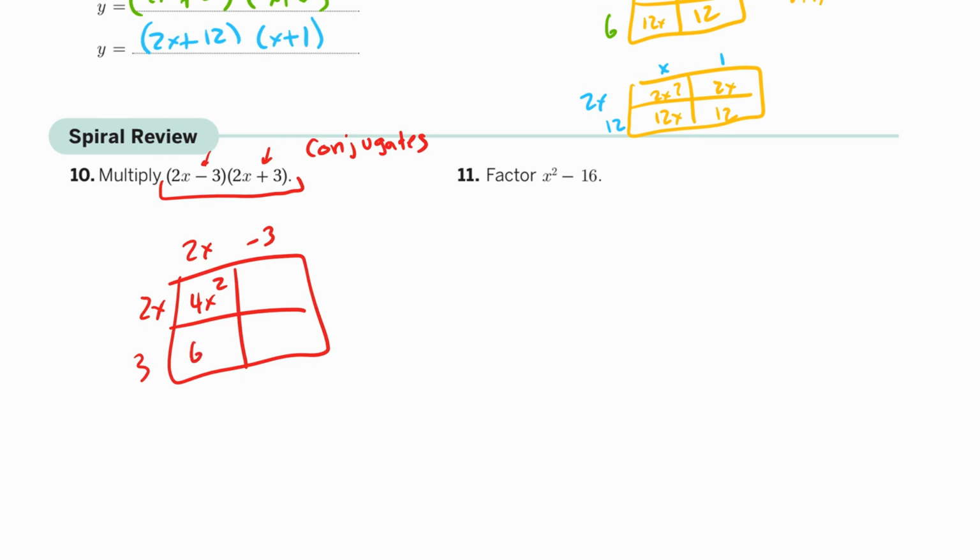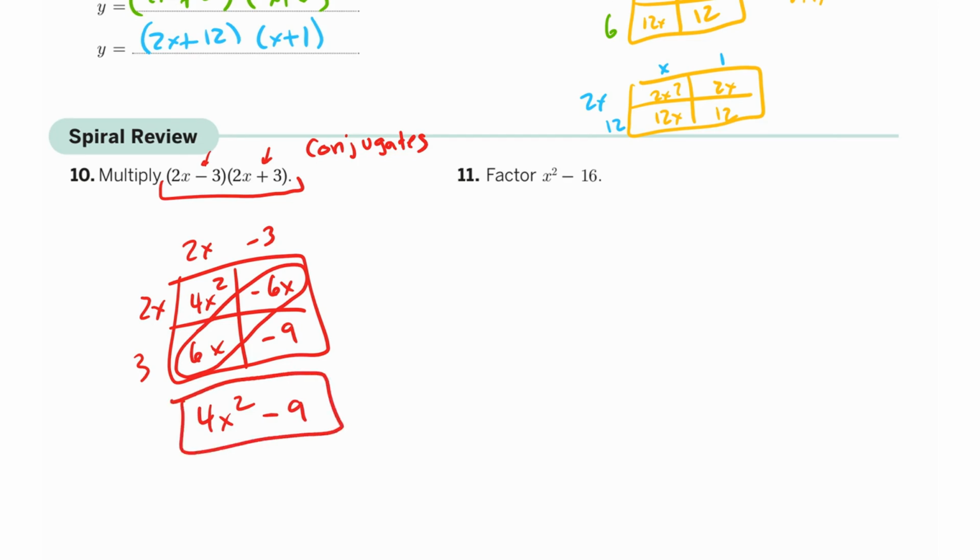When I multiply these out, what is special about conjugates is that you see that these corner boxes end up becoming opposites of each other. So when we combine like terms, they go away and they leave us with what we call a difference of squares. And when I factor x squared minus 16, same idea, just backwards, this is technically a difference of squares.